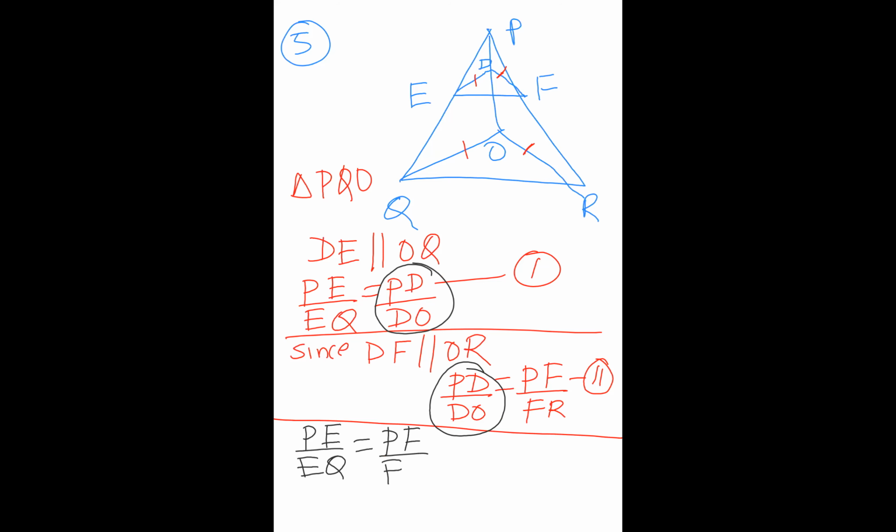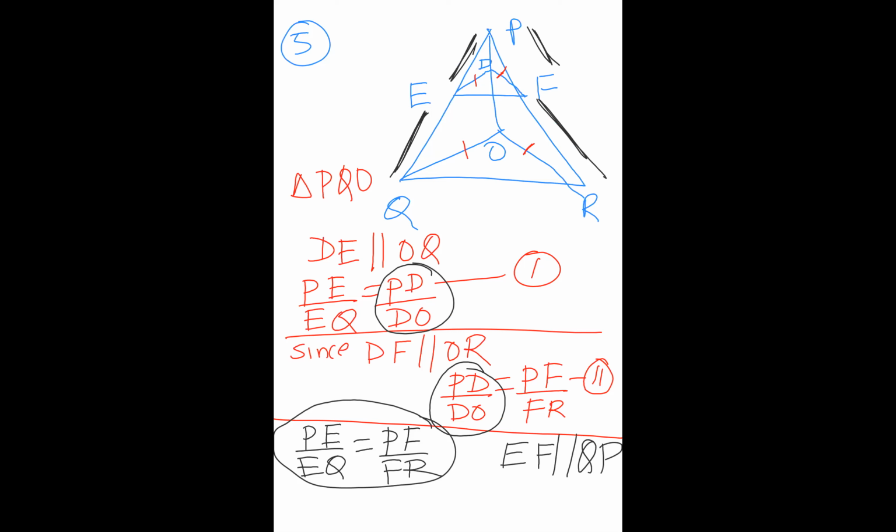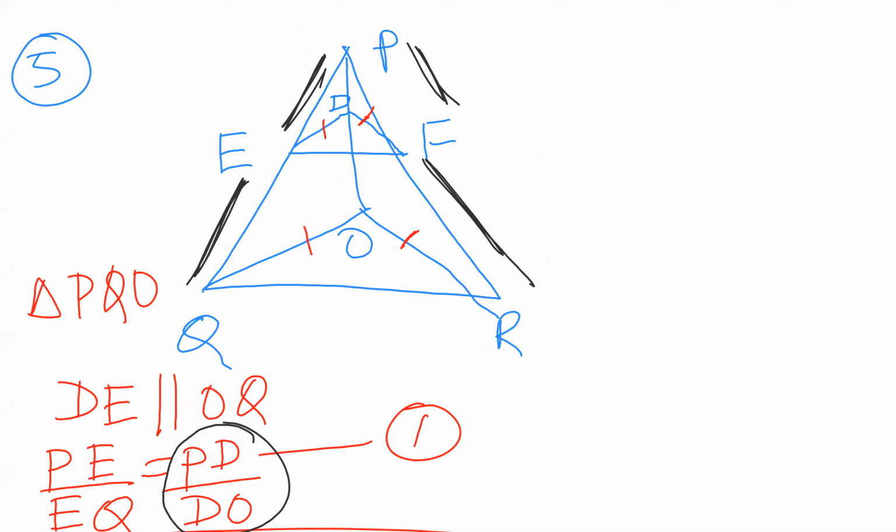Therefore, by converse of basic proportionality theorem, EF is parallel to QR. Clear? So this was question number 5.